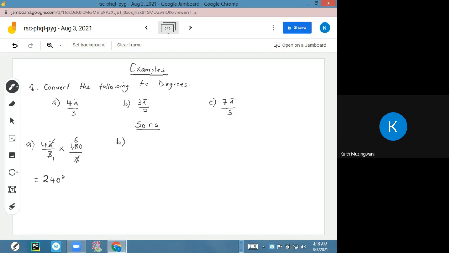Then B, you have 3 pi over 2, you multiply again by 180 degrees over pi. This pi takes away that pi, so that this 2 here, 1, 2 there, 9. When you multiply 3 by 9, you get 27, and then there's a 0 there.